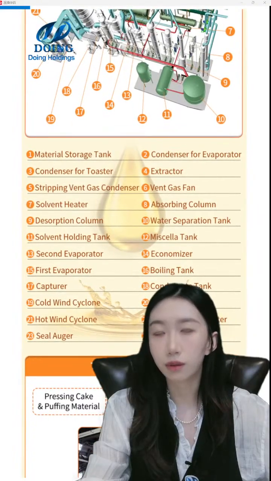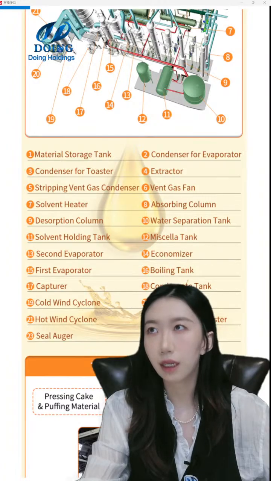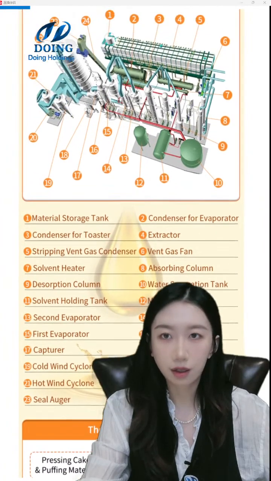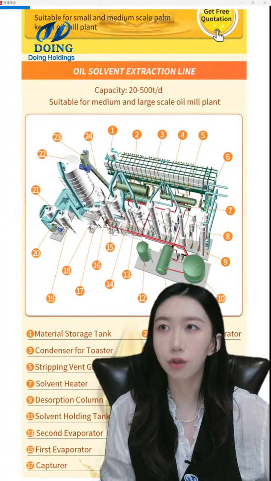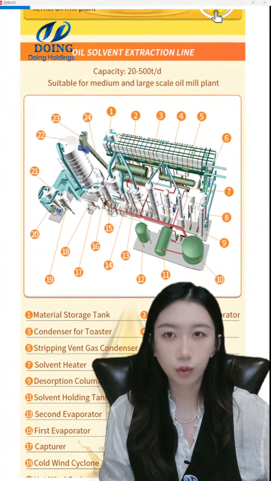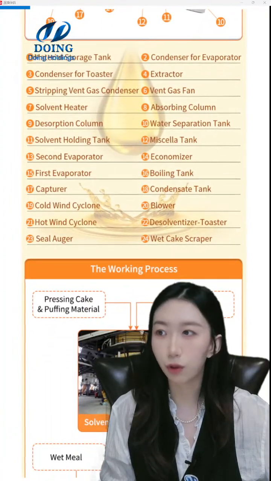The production line is more expensive than the pressing production line. So the medium and large scale oil plant, we can provide machines for you.